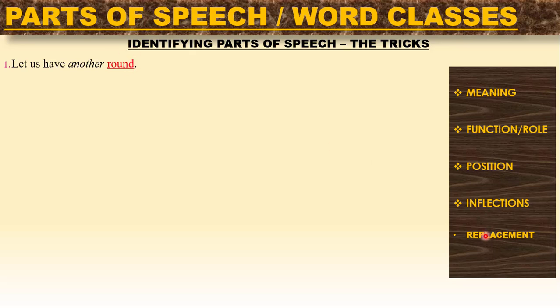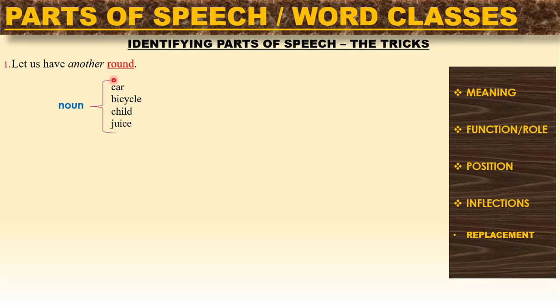We can also use the replacement test to identify the word class of round. We can say, let us have another car. Let us have another bicycle. Let us have another child. Let us have another juice. Now, what is the word class of the words juice, child, bicycle, car? It will be the same word class as round. These words belong to what? They are nouns.